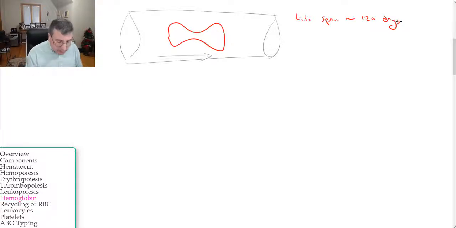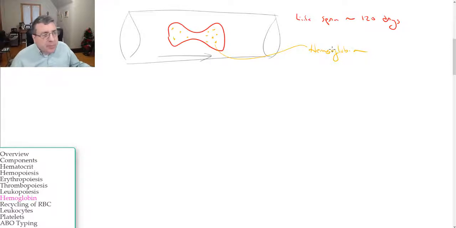So this is a red blood cell, and it's filled with a bunch of hemoglobin. Let me do this in a little bit of orange. Those are hemoglobin. That's going to be hemoglobin. So let's look a little bit more at hemoglobin.